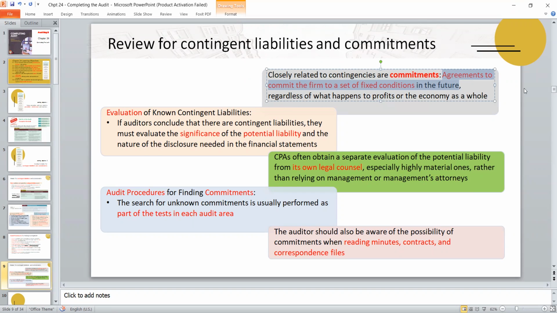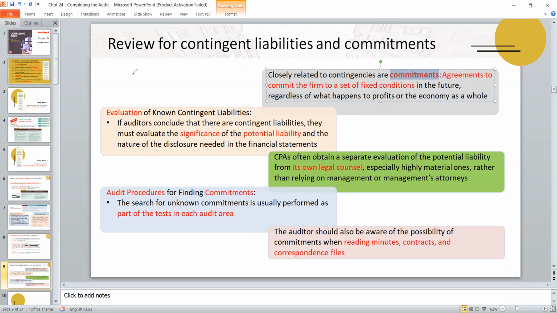Once again, the same period, the future, as with contingency. So you know what the exact amount will be in the future from these commitments, regardless of what happens to profits or the economy as a whole. Yeah, the commitments. So what kind of commitments?